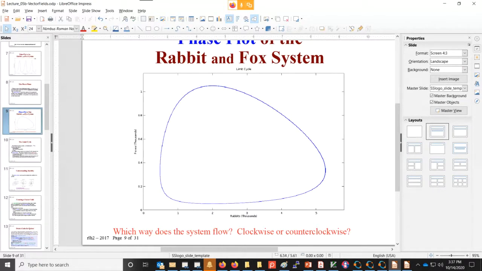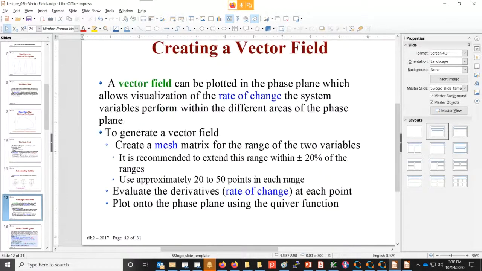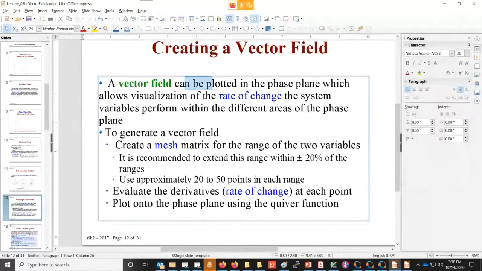It shows you what's happening, but it's not apparent by just looking at it which way the system is flowing. We kind of know the system is moving because it's a big circle, so the system's constantly moving. But what direction are we moving in? And so what we can do is create what's called a vector field.